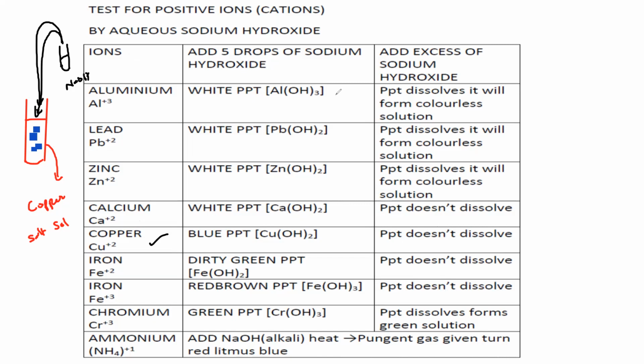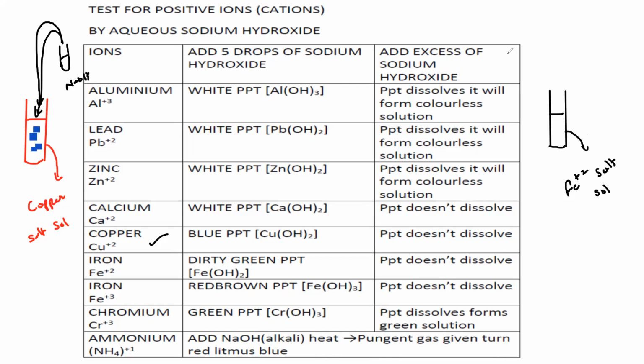If it is iron plus 2, you have an iron salt solution in the beginning. So this is an iron salt solution, meaning iron 2 salt solution, containing iron 2 ion.